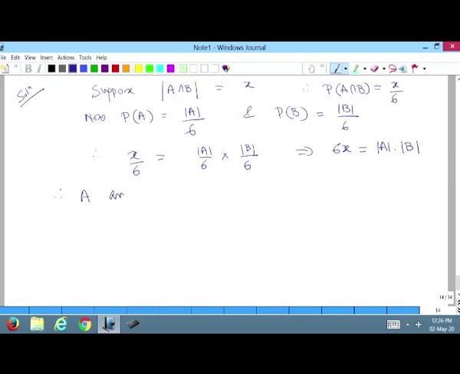Therefore, A and B should be such that cardinality of A into cardinality of B is a multiple of 6.